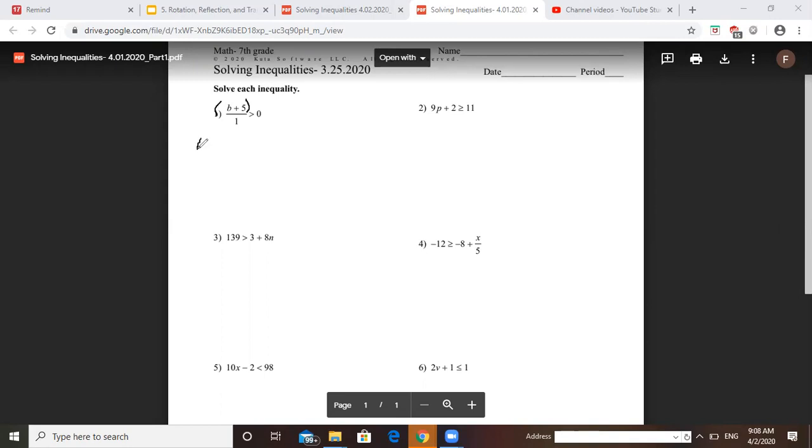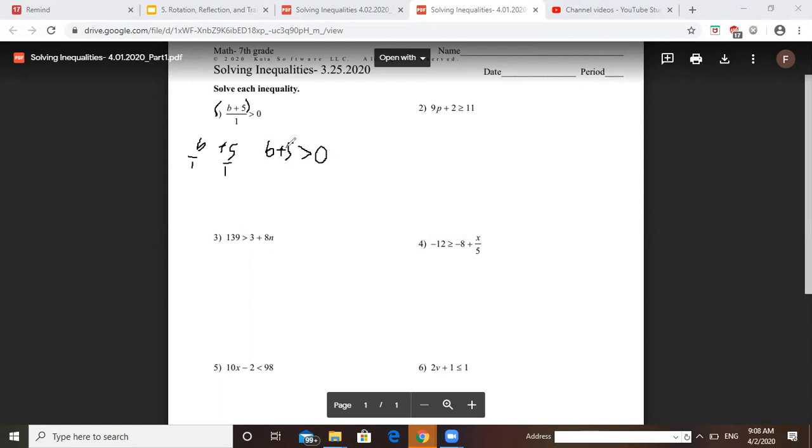Or we can say this is b over 1 plus 5 over 1, which is the same thing as saying just b plus 5. Zero right here. So b plus 5 is greater than 0.